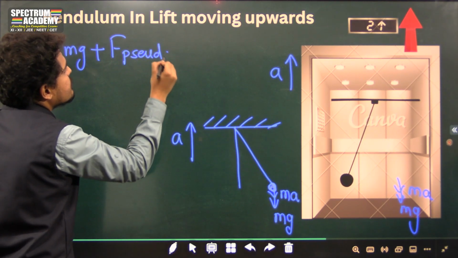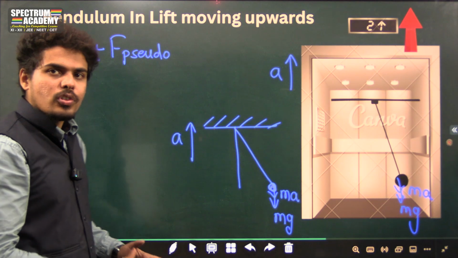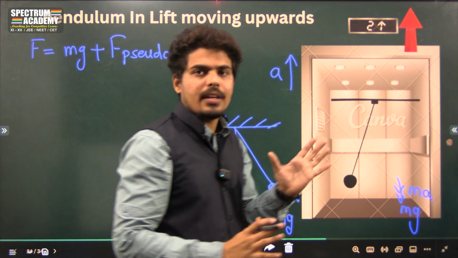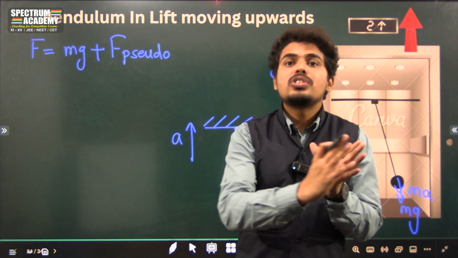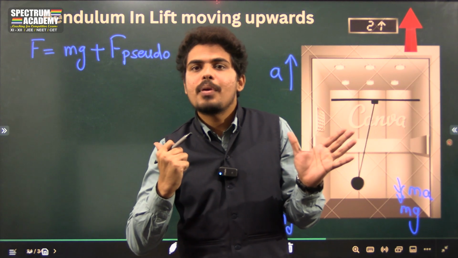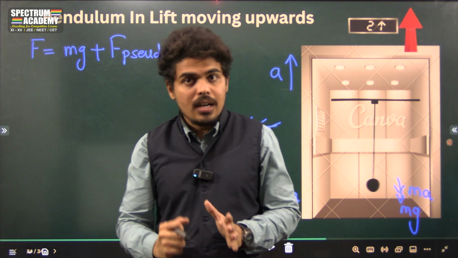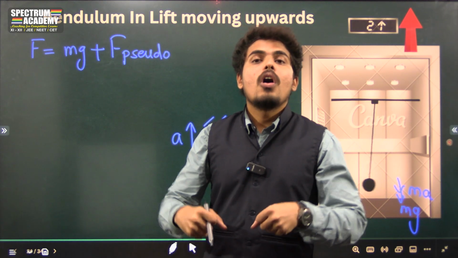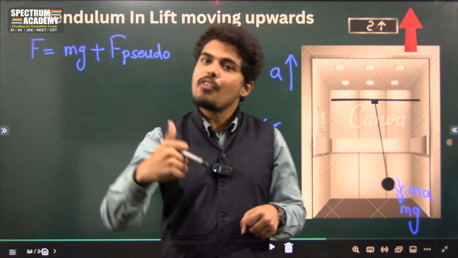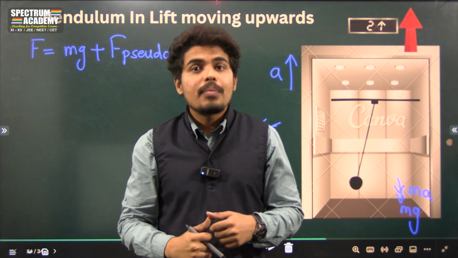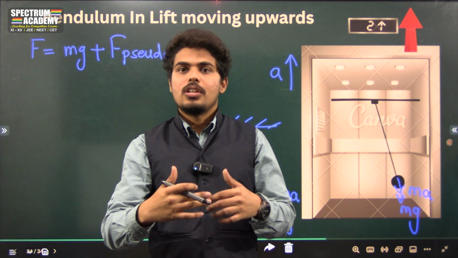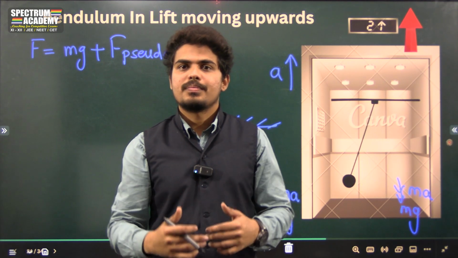Pseudo force क्या होता है? अगर रियल एक्सेलरेशन दे रहे हैं, उसके अपोजिट में कुछ फोर्स हमें महसूस होता है तो उसे हम कहते हैं pseudo force. अगर मैं कार में बैठा हूं और कार को फॉरवर्ड डायरेक्शन में एक्सेलरेट कर रहा हूं, तो हम पीछे जाते हैं, so this is the pseudo force.